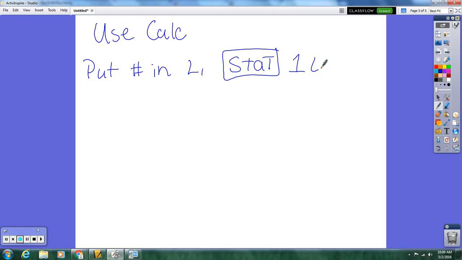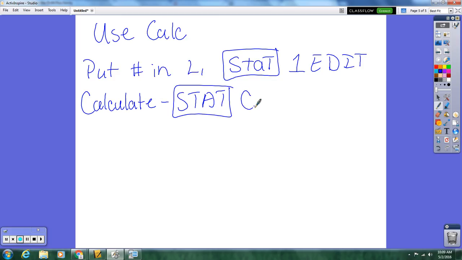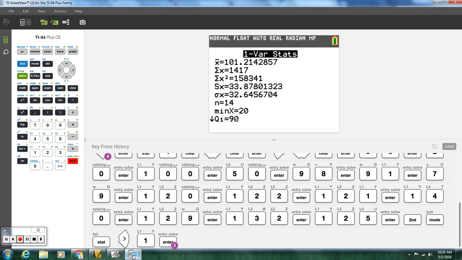Then you calculate your measurements using stat, calc, number 1 again, which is one variable statistics. The key thing you need to look at: X bar is your mean, so that's your average.